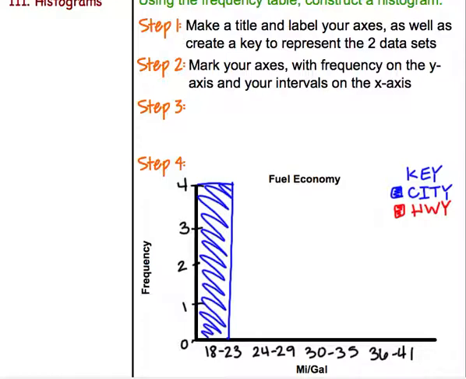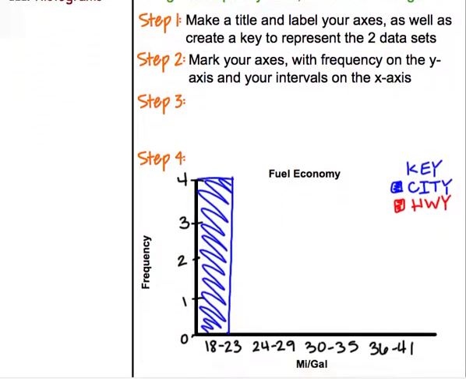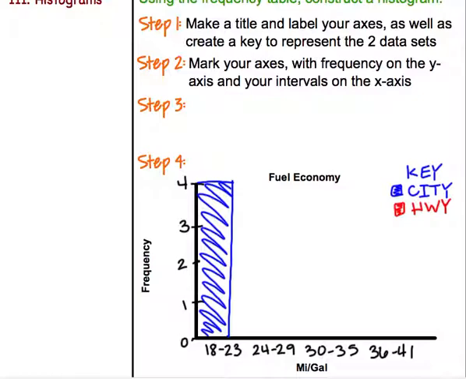And then for highway, we didn't have any, so I'm leaving that blank. Now, city, for 24 to 29, we had 2 as well as for highway. So we will go up to 2. And you should make your bars pretty well even as far as width.